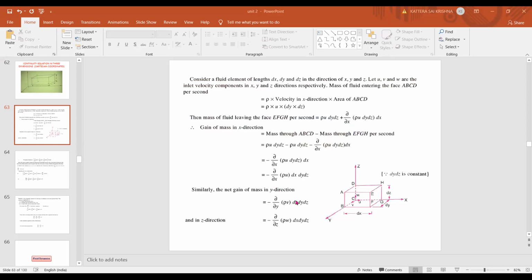Yes, please make it fast. Have you copied this up to this? The net gain in the z axis.